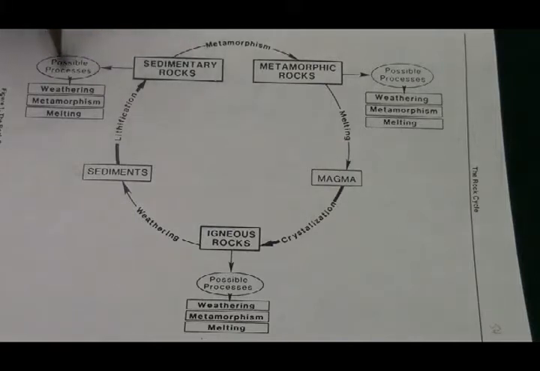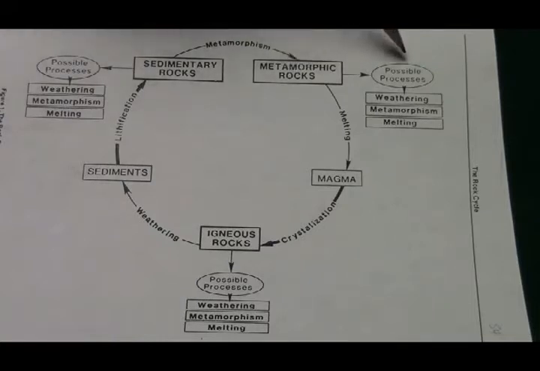Once again, there are a number of different processes that may occur to sedimentary rock once it's formed, but we shall continue along the rock cycle main diagram. Sedimentary rocks, if they are exposed to heat and pressure deep inside the Earth, will undergo the process of metamorphism. And the process of metamorphism always forms metamorphic rock.